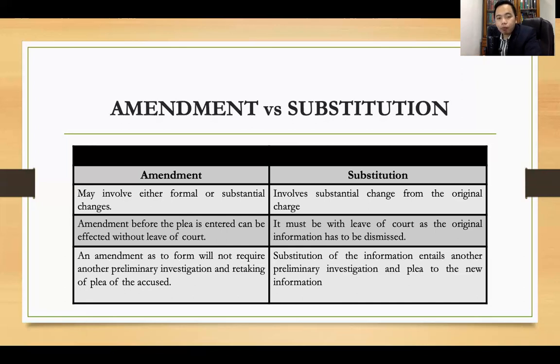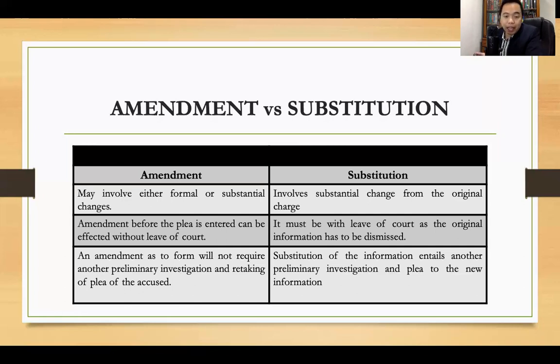Now, third, an amendment as to form will not require another preliminary investigation and retaking of the plea of the accused. On the other hand, if the complaint or information has been changed or substituted, then it will entail another preliminary investigation and the accused will have to enter another plea.